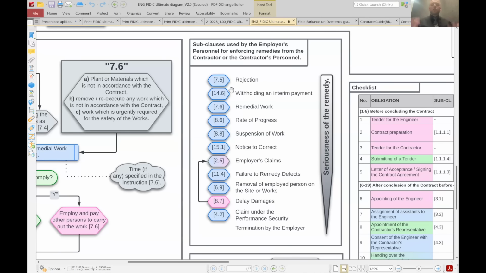For example, when the concrete didn't achieve its final properties, there is a rejection. I'm rejecting this concrete because it is not what I ordered. Normal communication, something is going wrong. Another possibility is to reject something from the invoices.